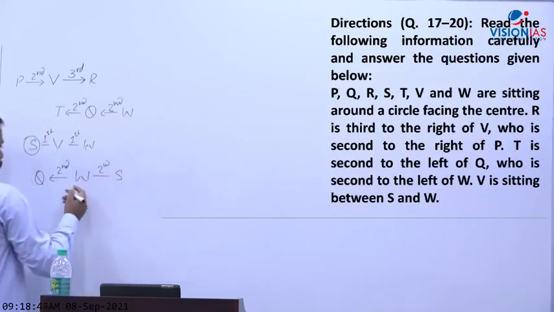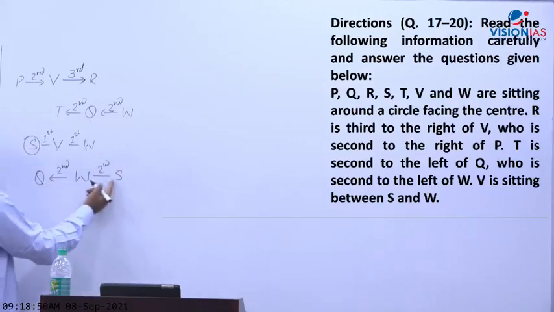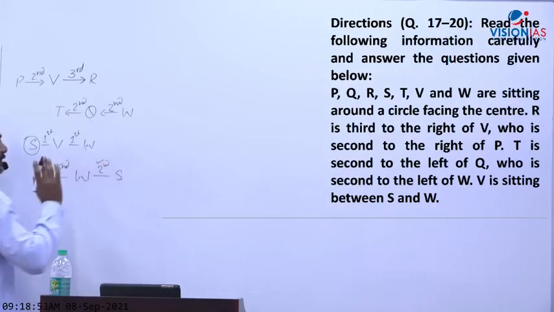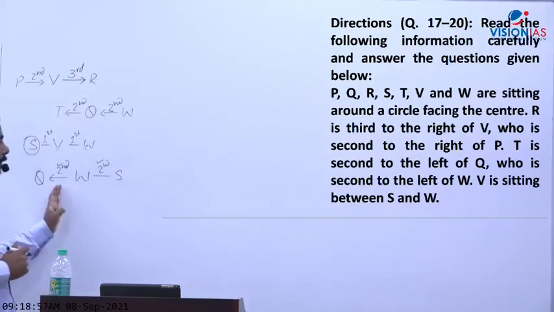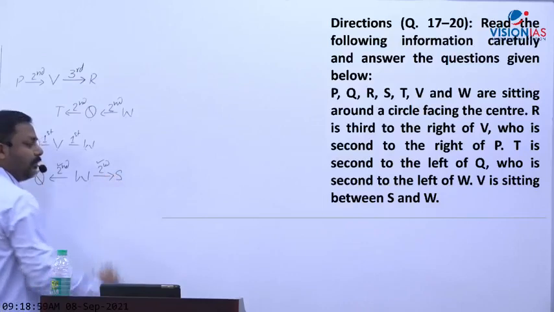Since both are at the same position from W, if one person is on the left hand side, then the other person must be on the right hand side.